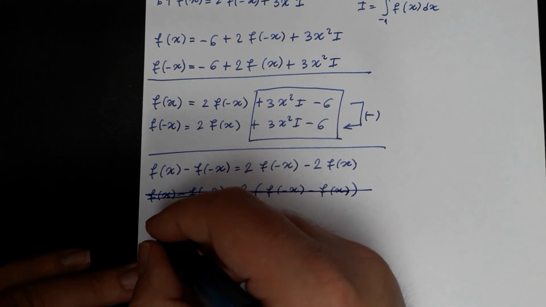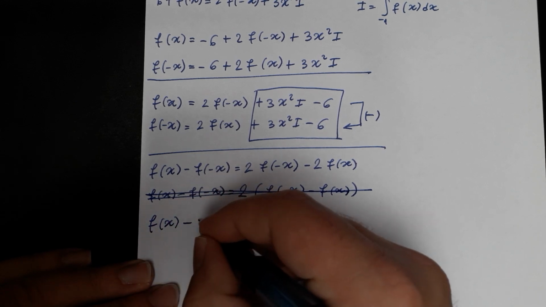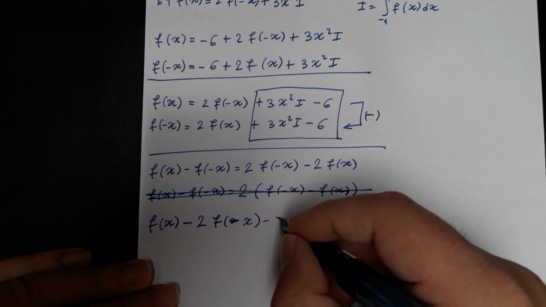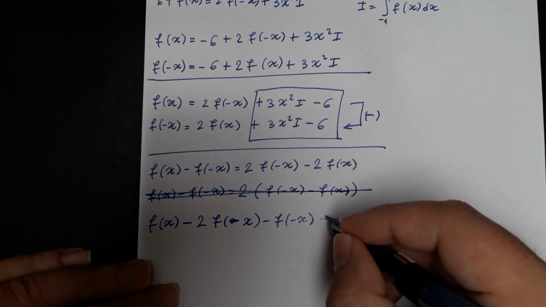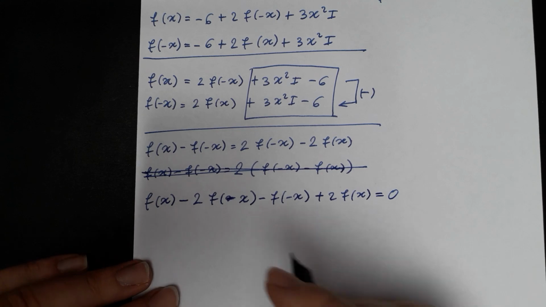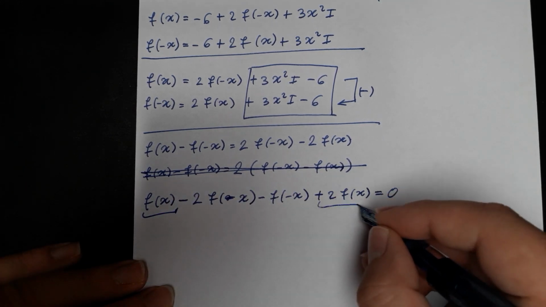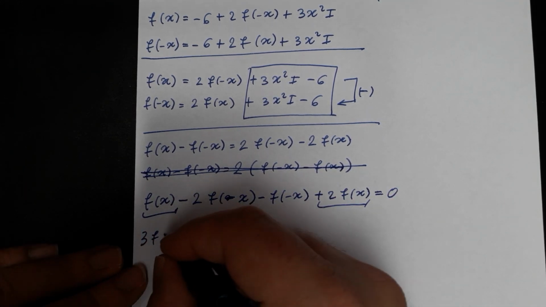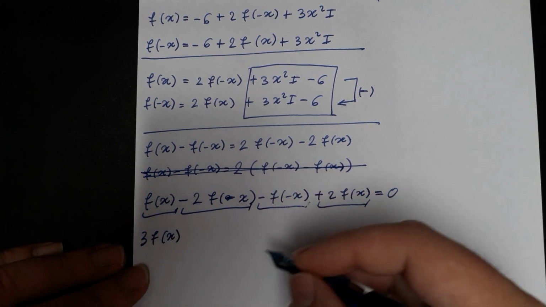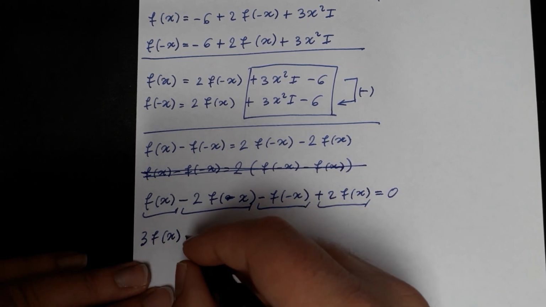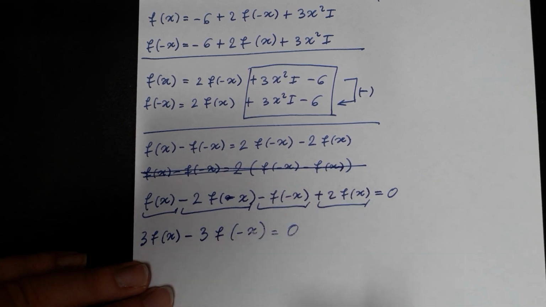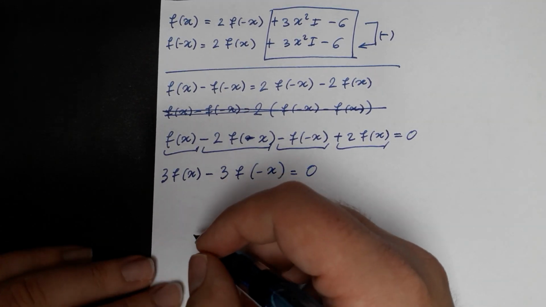This is going to give us that f(x) minus 2f(-x) minus f(-x) plus 2f(x) is equal to 0. f(x) and 2f(x) is 3f(x), and -2f(-x) and -f(-x) are -3f(-x), and that is going to be equal to 0.